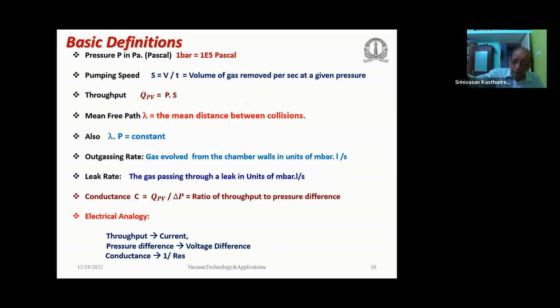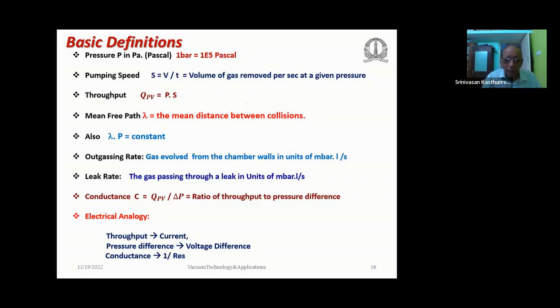So we have written resistance is equal to the potential difference by the current. If I want to write the conductance as 1 by resistance, it is the current divided by the potential difference, just the reverse of it.